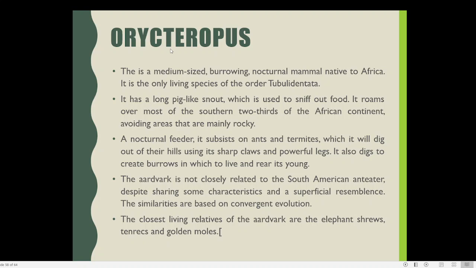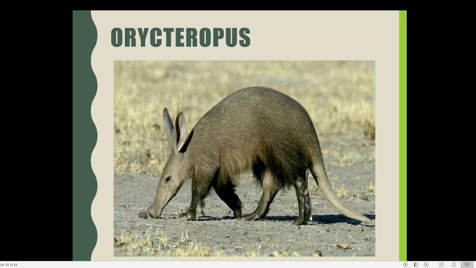Then coming to the features of this Orycteropus: it is a medium-sized burrowing and nocturnal animal and is mainly present in Africa. This is the animal. You can see that the mouth is long and the snout is long and tubular with the tip almost like the tip of a pig's mouth.